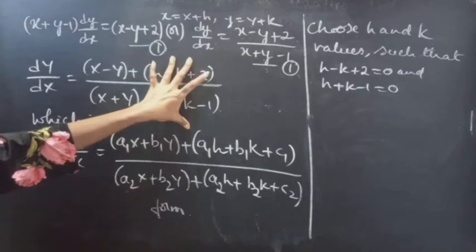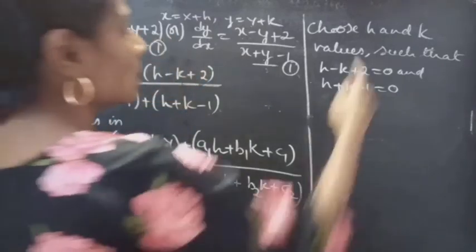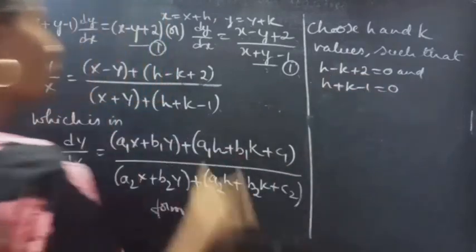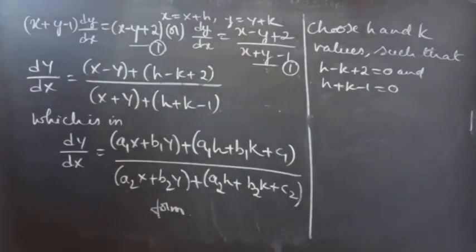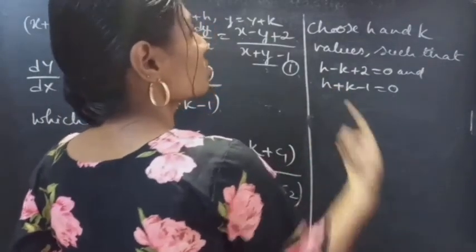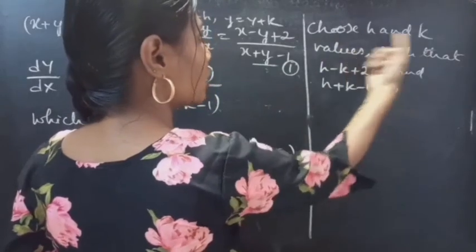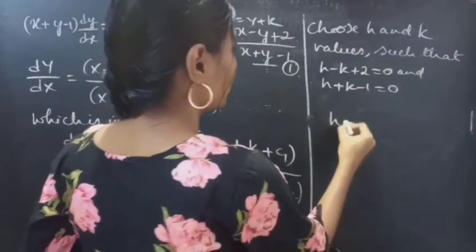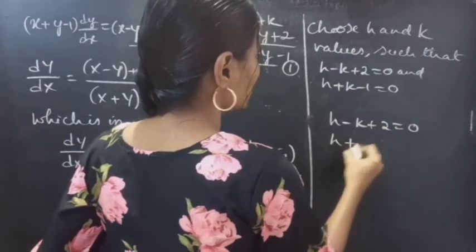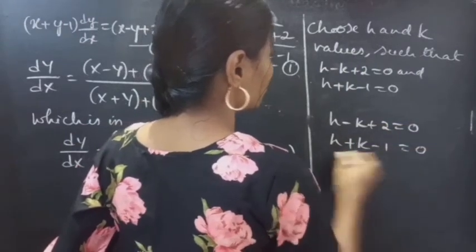Okay, so let's see how to find h and k such that these polynomials become 0. By solving these two equations, we'll get h and k values. See, h minus k plus 2 equals to 0, h plus k minus 1 equals to 0.